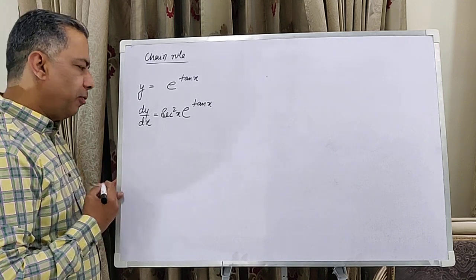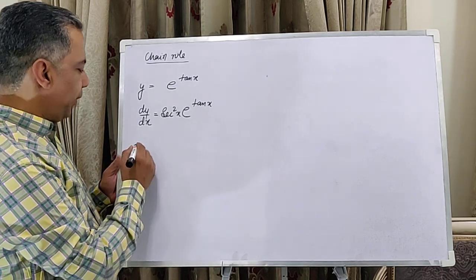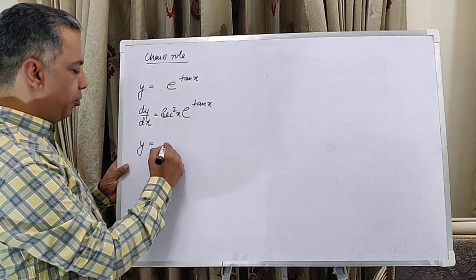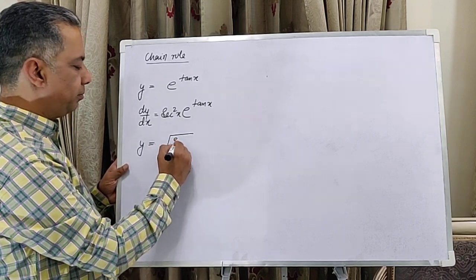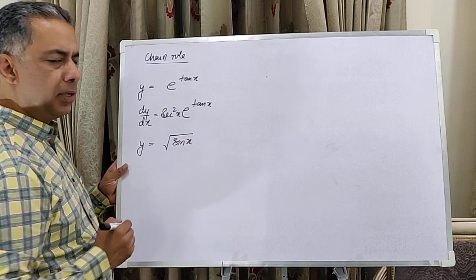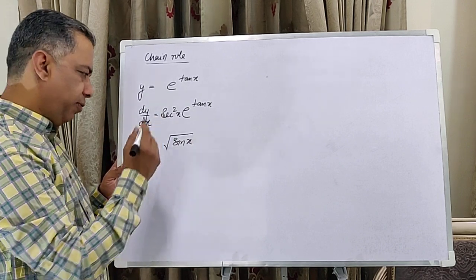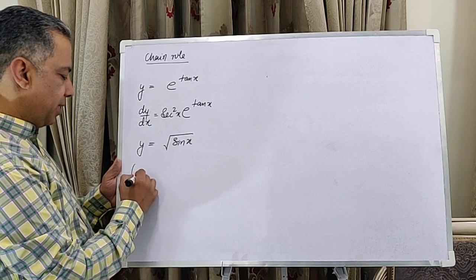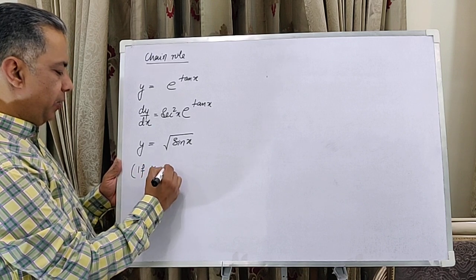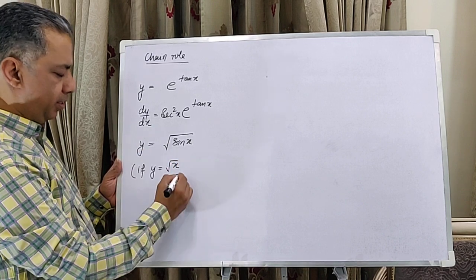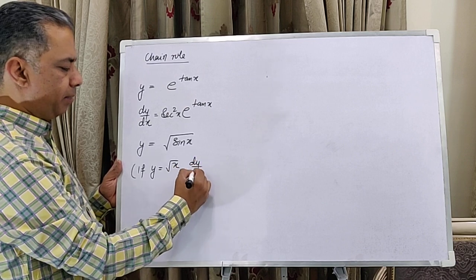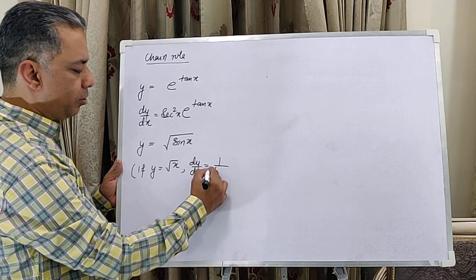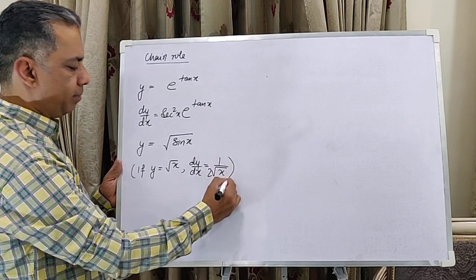Another example of this chain rule, for example, if you have something like root of sine x. Now how do you differentiate this? You will recall that if y equals root x, then dy by dx equals 1 by 2 root x.